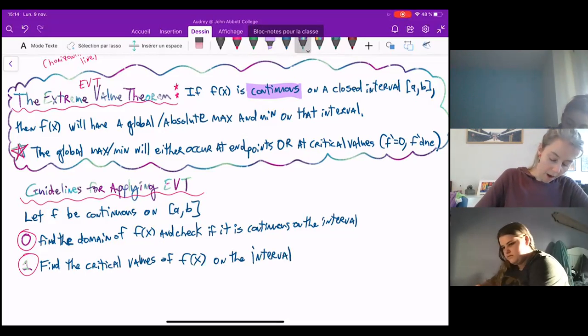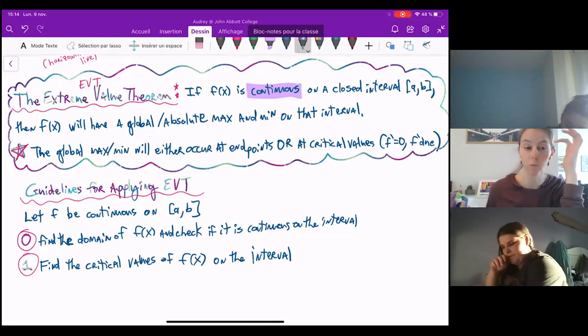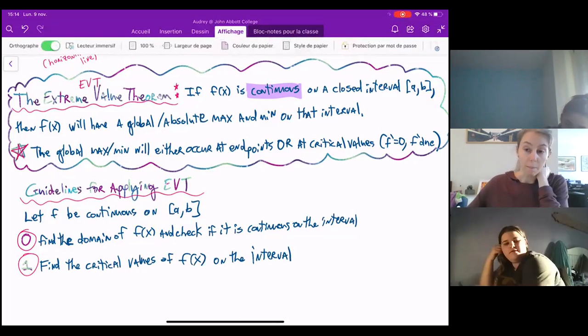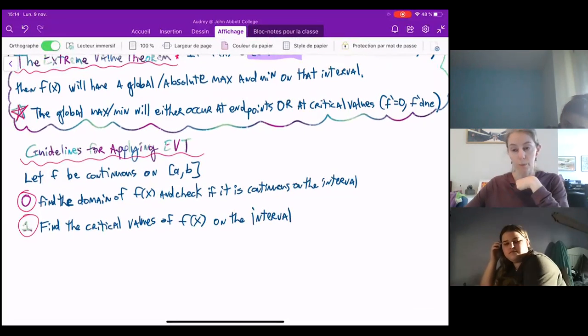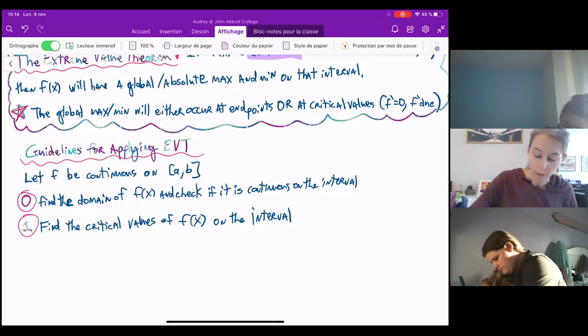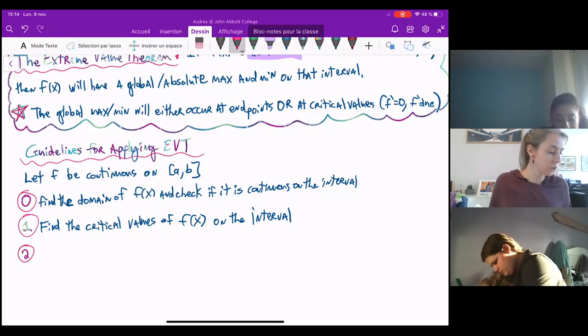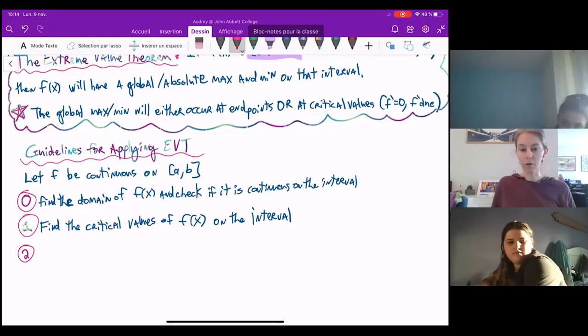And then our extreme value theorem tells me that those might be global max, but the endpoints might also be global max. Those might be global min, but the endpoints might also be. I know that a global max or min occurs when the y value is higher than everywhere else. So we're just going to check y values. So the next thing that I'm going to do, my step 2 here, is to find the values of f at the critical values.